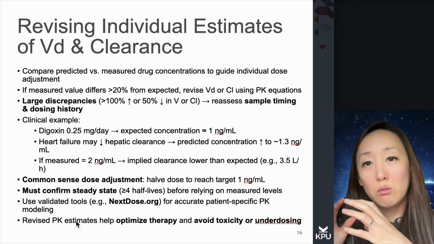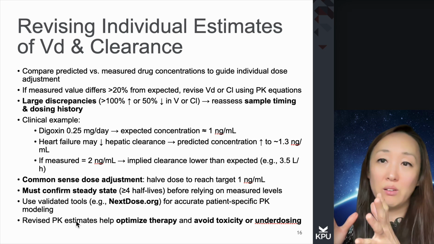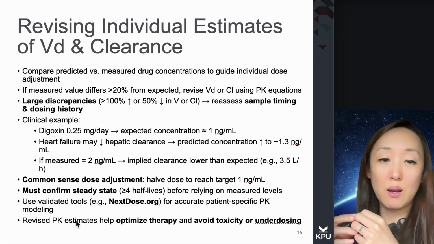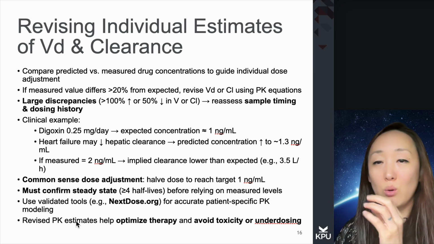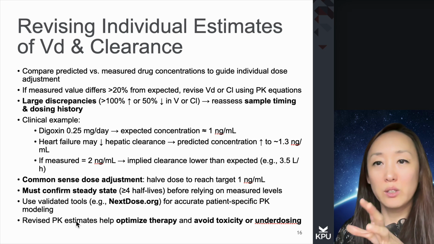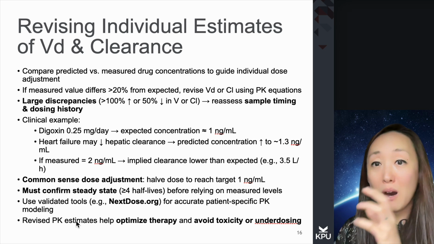So rather than relying only on mental math, a lot of the clinicians in BC, Canada now use things like nextdose.org or other similar clinical decision support tools that help us with this Bayesian modeling.